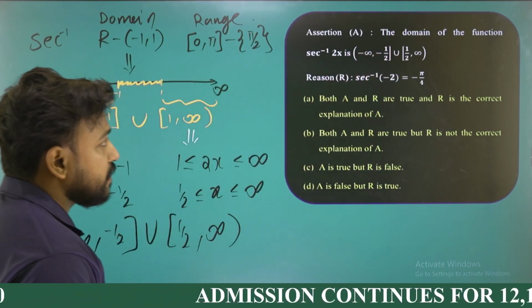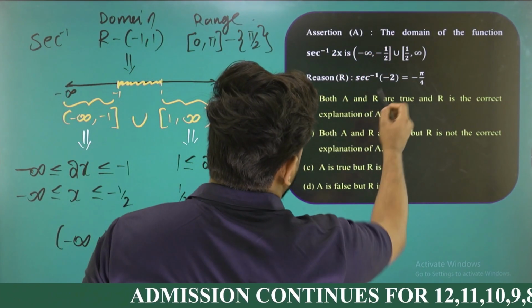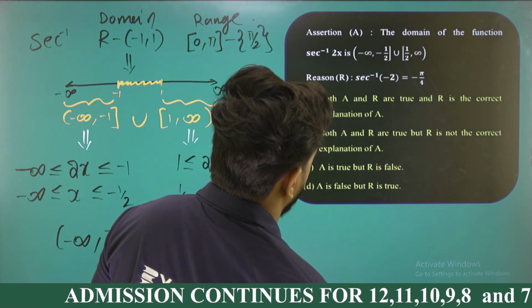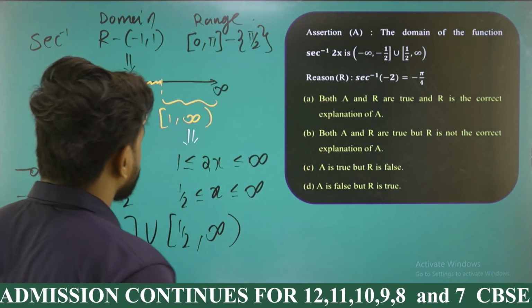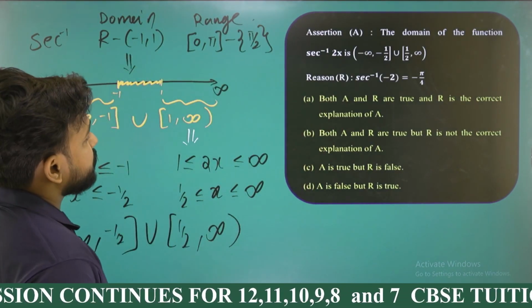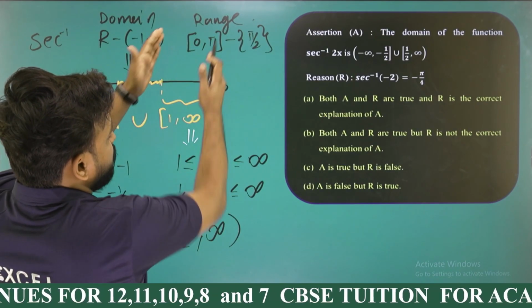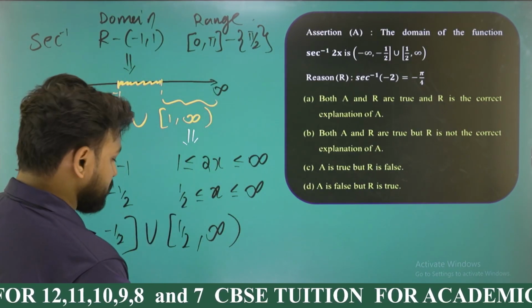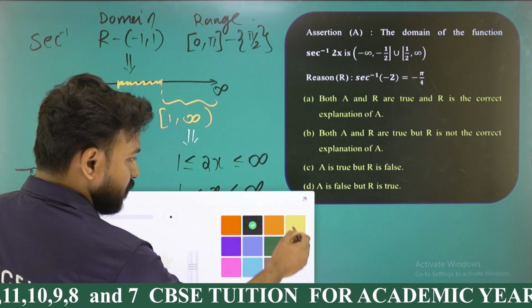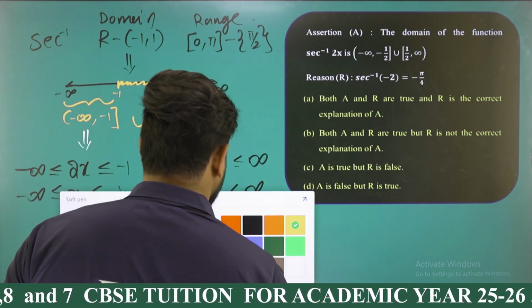So that's there. And next one, sec inverse of minus 2 is minus pi by 4. Listen, you can see the range of sec inverse is from 0 to pi. So what is 0 to pi? Let me show you what is 0 to pi. Just listen here.